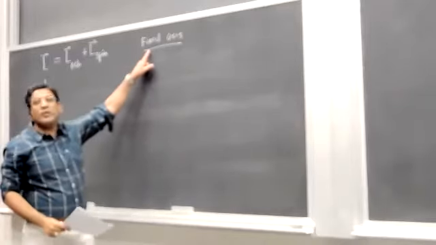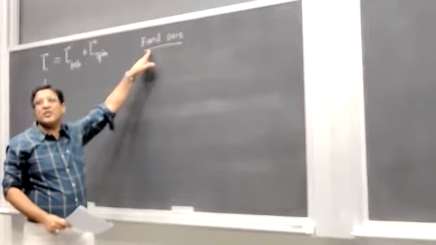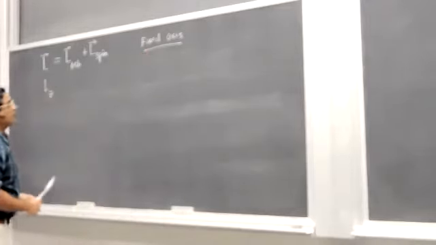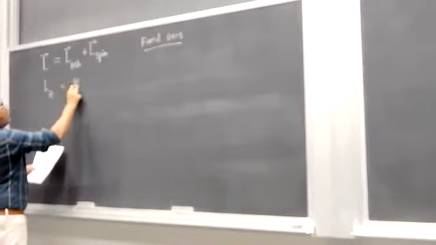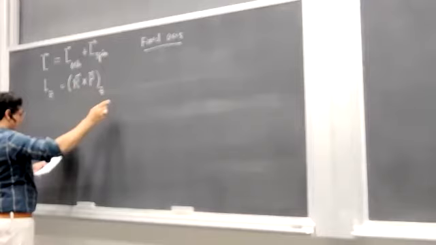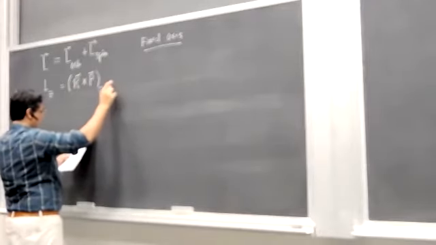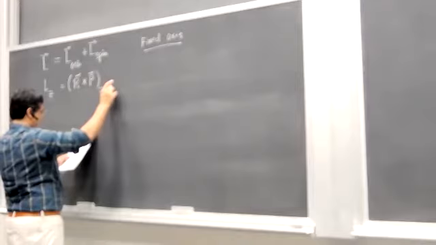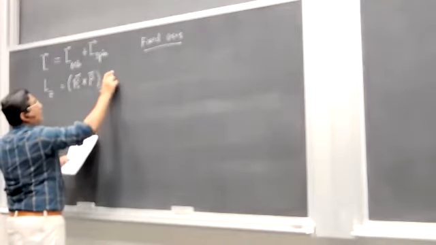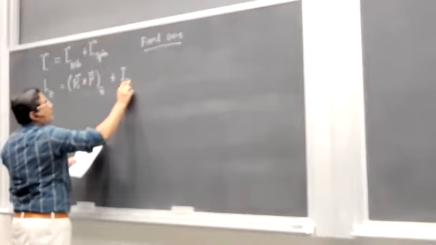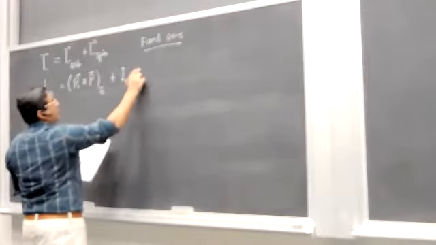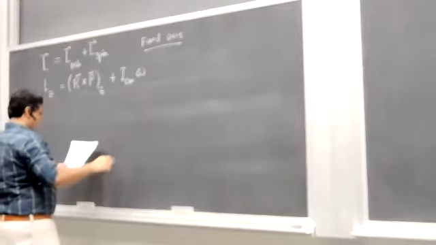The reason is that if the axis of rotation is fixed and then you have translational motion, then all you have to worry about is the z component, and that's it. So I may write the z component and this moment of inertia around the center of mass times omega.